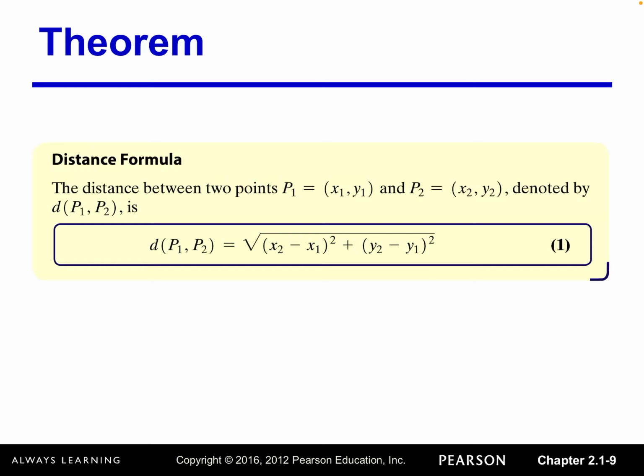The distance between any two arbitrary points, which we denote as P1 and P2, where P1 has coordinates (x1, y1) and P2 has coordinates (x2, y2), can be described using this formula: the square root of the square of the difference between the 2 x coordinates plus the square of the difference between the 2 y coordinates.